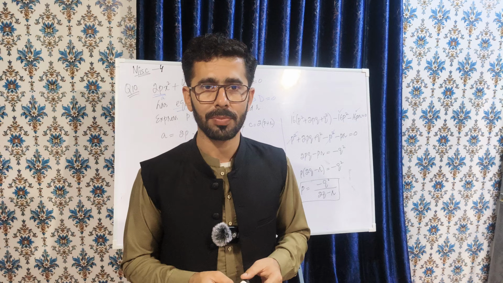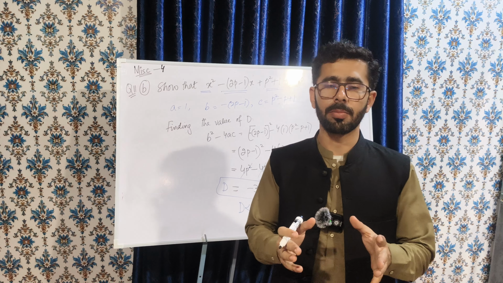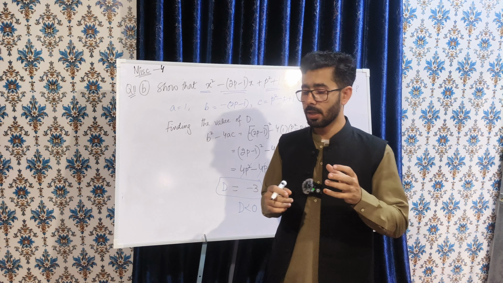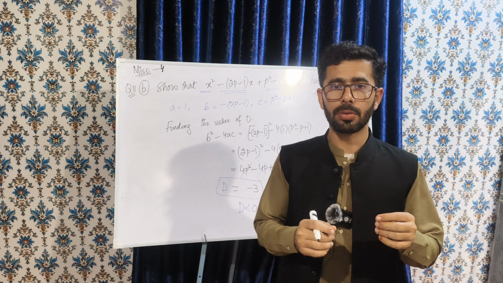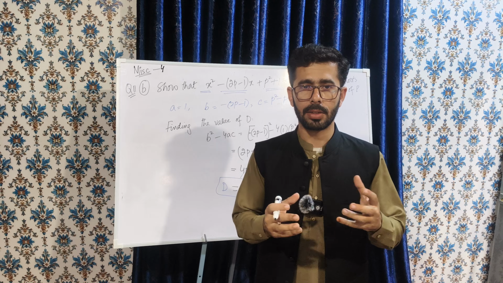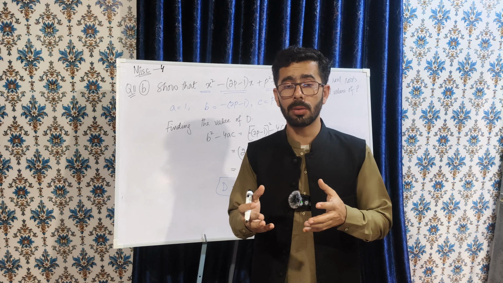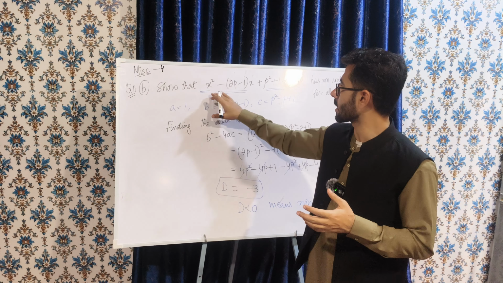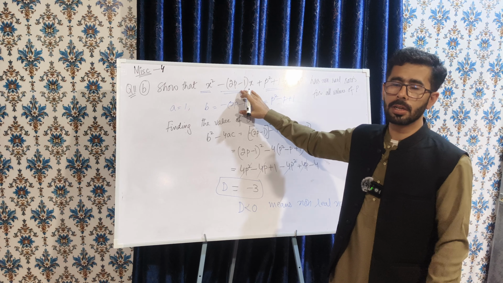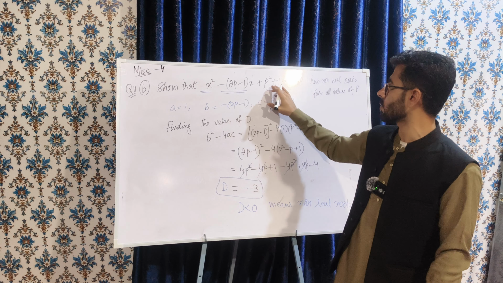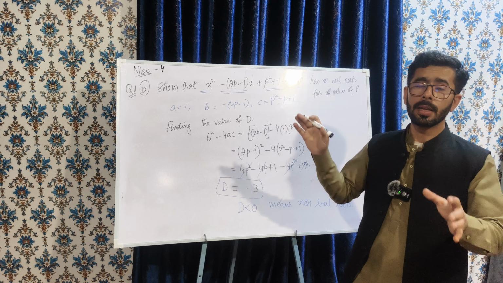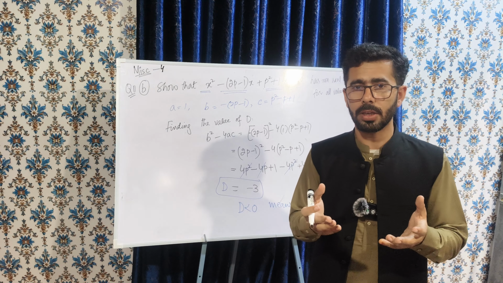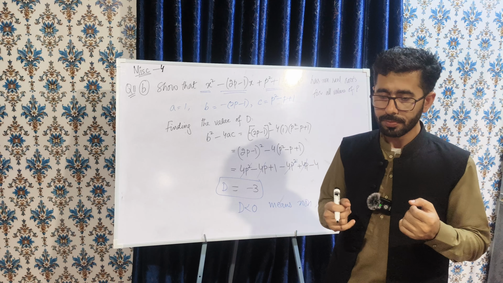We had to express p in terms of q and r. That's what we did. In question number 11 of Miscellaneous Exercise 4, we are just doing the b part because it's a bit different. It's not asking about the value of p, that is, find the value of the unknown for this condition, but it's asking that if you take the equation x² − 2(2p − 1)x + p² + 1 − p = 0, it will not have any real roots no matter what value of p you put in the equation.